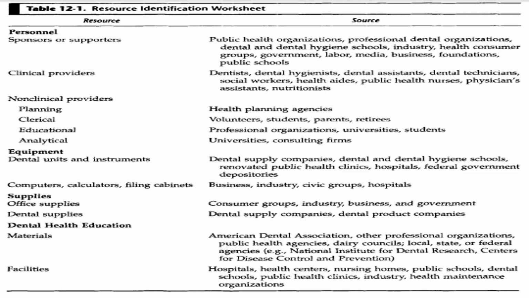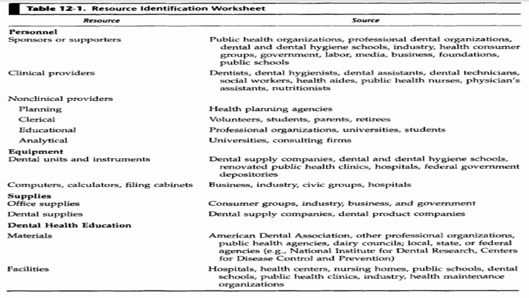And the equipment that is a resource that should be identified, the sources are dental supply companies, dental and dental hygiene schools, renovated public health clinics, hospitals, federal government depositories that might be useful for providing the equipment. And also, other than dental equipment, the computers or calculators or filing cabinets, where the business or industry or civic groups or hospitals can be a source for the resources.